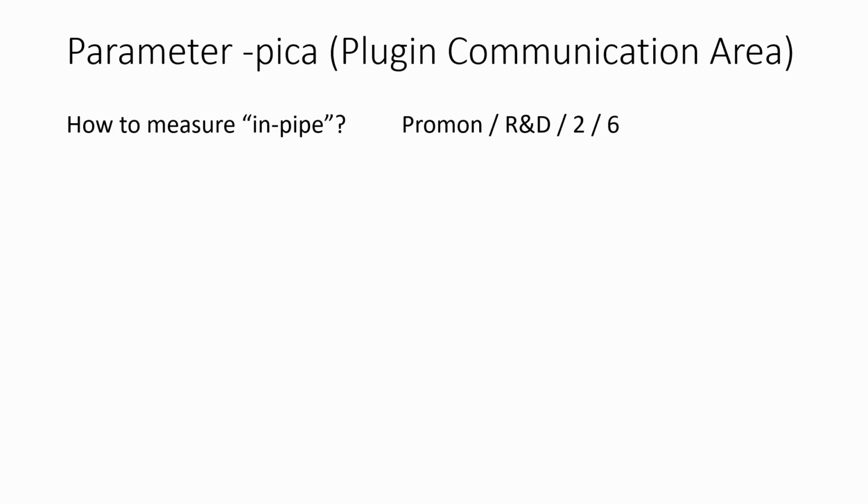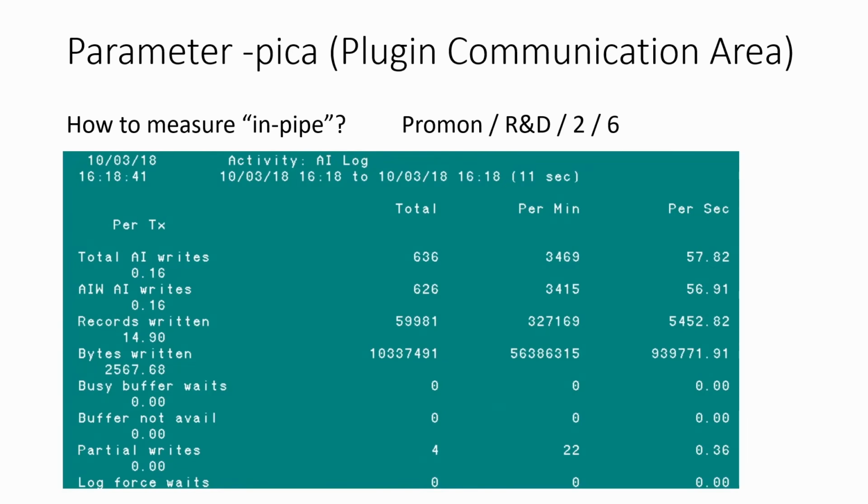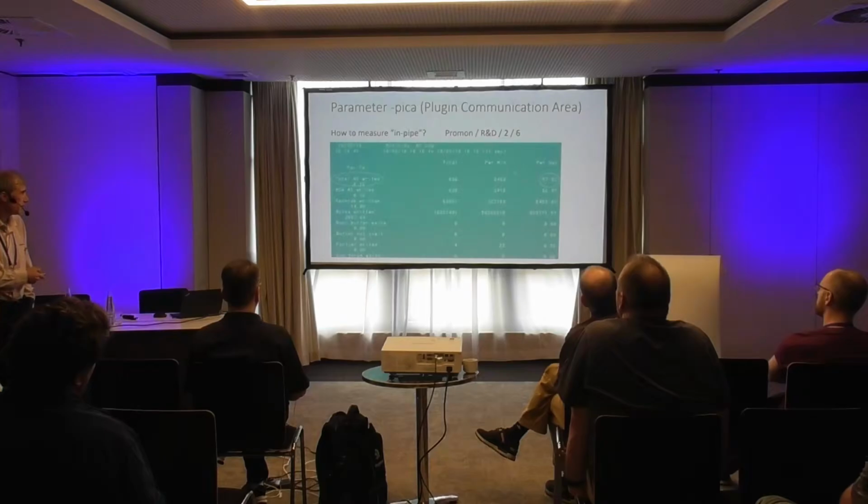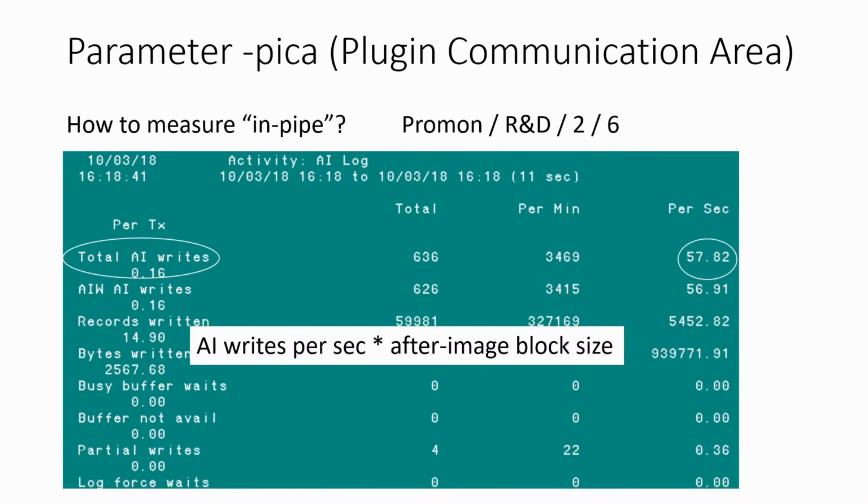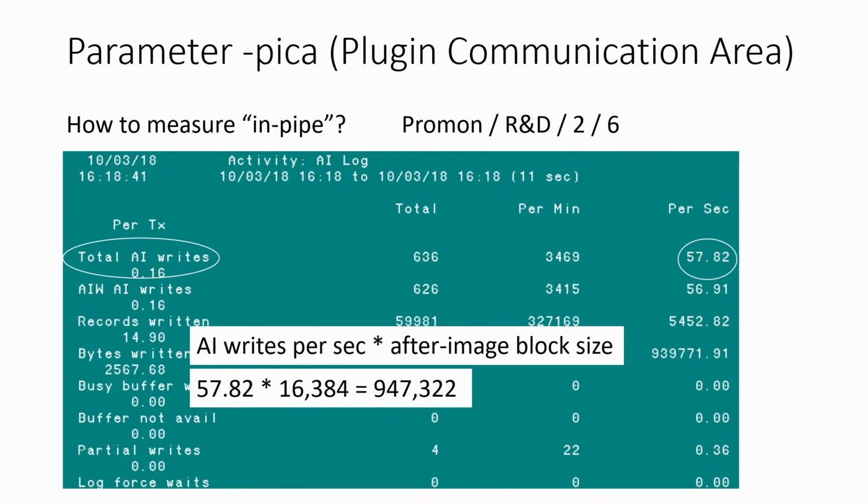You can use the PROMON option, R&D 2 and 6, and you can see how many writes per second after imaging is doing, in this case 57, and multiply by your after image block size. My block size is this one that I use for after images, approximately 1K.